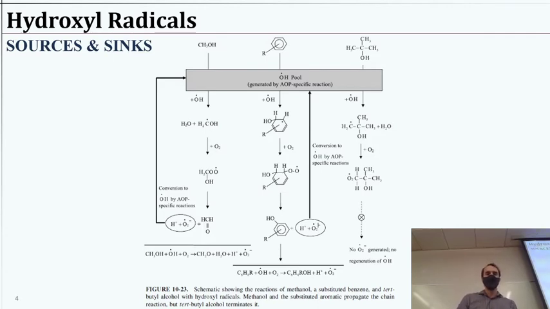So here's a figure from our books. It's kind of showing different sources and sinks of our hydroxyl radicals given some generic advanced oxidation process. So we have this gray box here as the pool of available hydroxyl radicals.